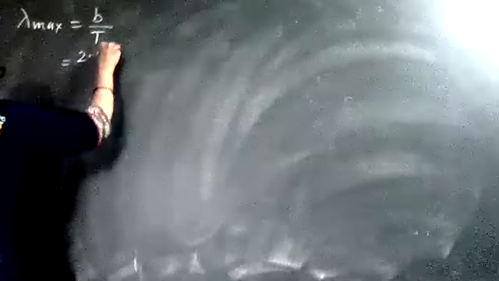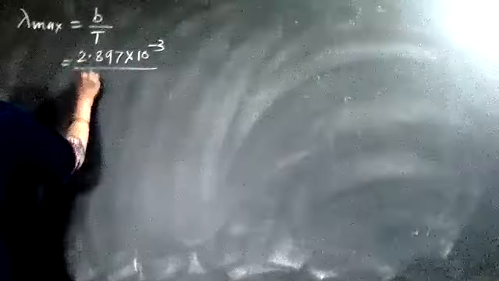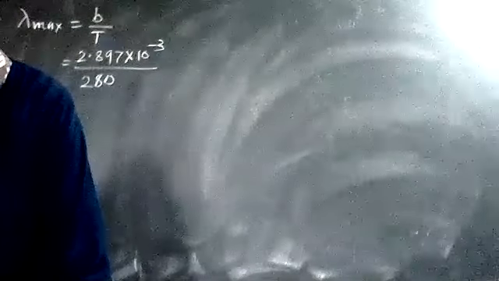Problem number 23. Wien's displacement law: lambda max is equal to B upon T. B is 2.897 into 10 raised to minus 3 constant. Temperature 280 Kelvin, that is given. So I'll do this division.